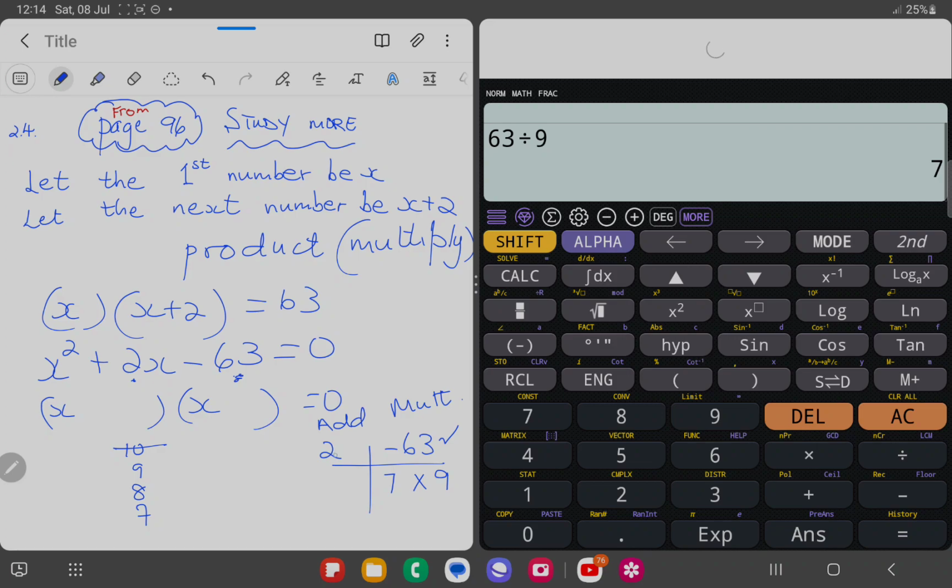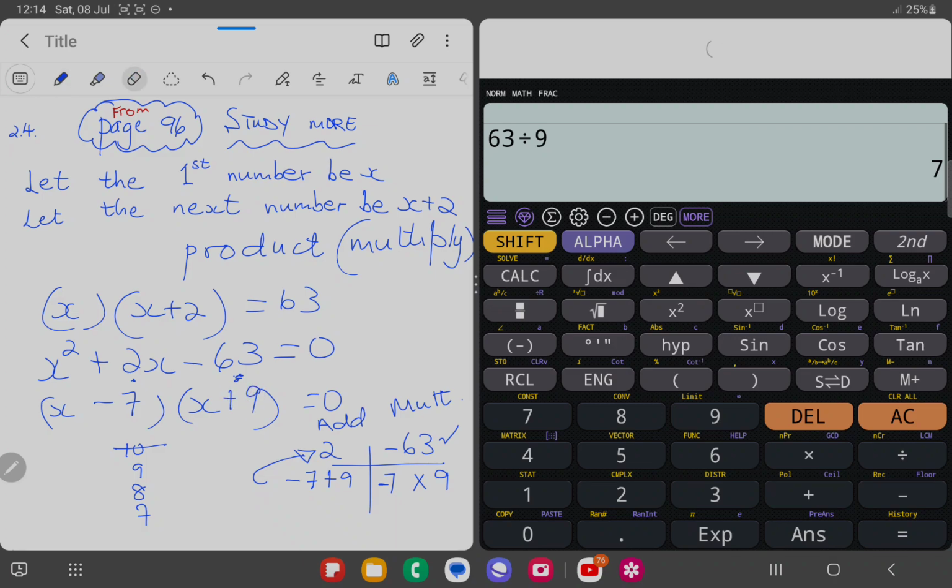But the middle term is positive. It means the bigger number is going to be positive, and the smaller number is going to be negative. So 7 is going to be negative. Then we've got negative 7 and a positive 9. What is negative 7 plus 9? The answer gives us positive 2. It means x minus 7 is the first bracket, and x plus 9 is our second bracket.